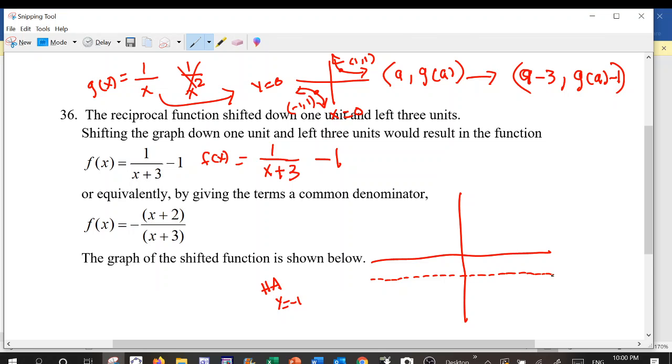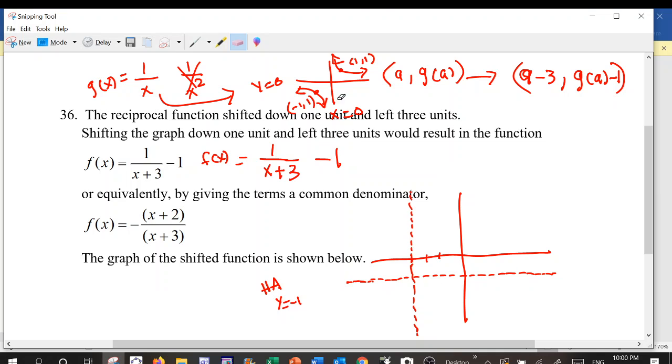So here's the horizontal asymptote, right? What happens to x equals 0? Well, x minus 3, so 0 minus 3 is negative 3. So go to 1, 2, 3. And here we go. Right?